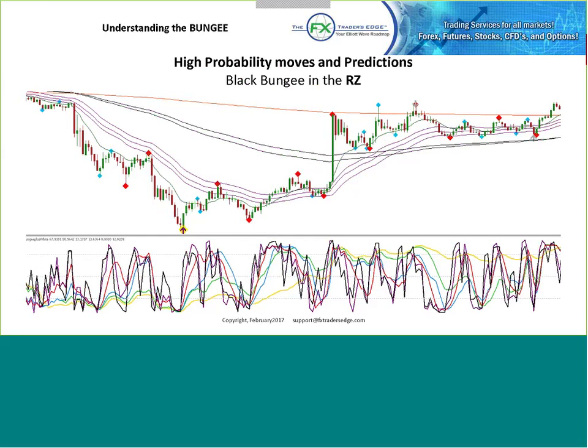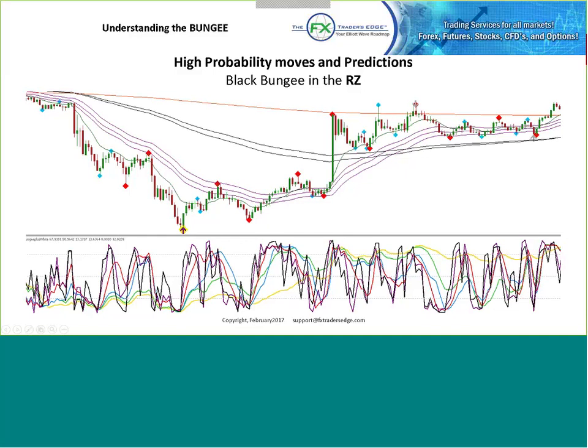The other thing that you need to know about the bungee is if the black bungee gets into the reversal zone, it's going to come back out again almost straight away. It's a sharp reversal. It may only be a tiny correction. But it has to do it.